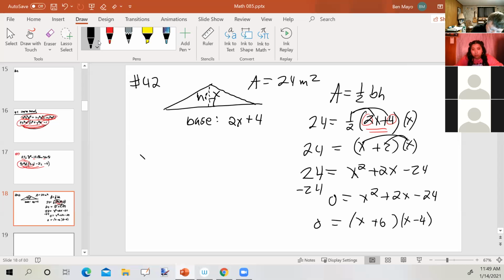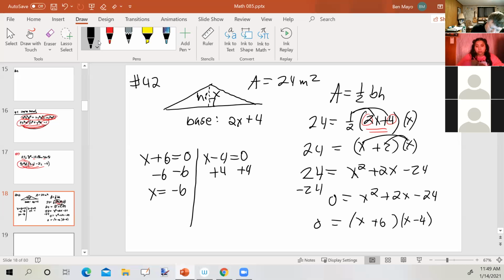We're going to take each factor that contains a variable, set it equal to 0, and solve that first degree equation. So x plus 6 equals 0, subtract 6 from both sides, x is -6. x minus 4 equals 0, add 4 to both sides, x equals 4.